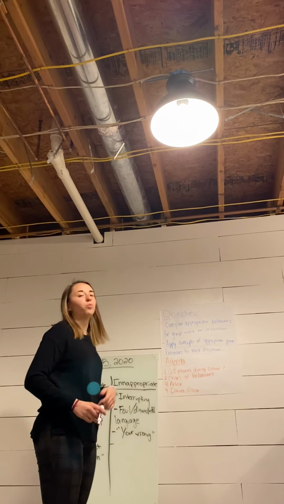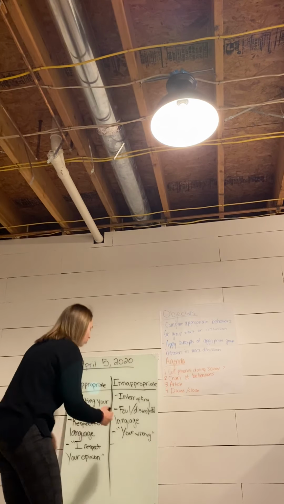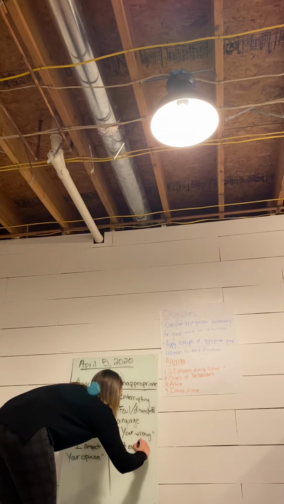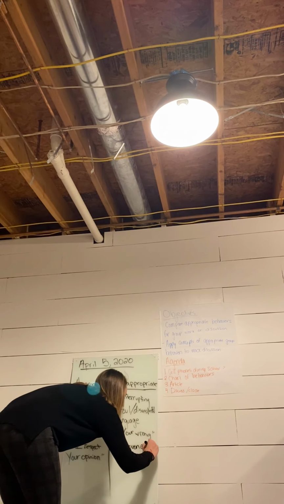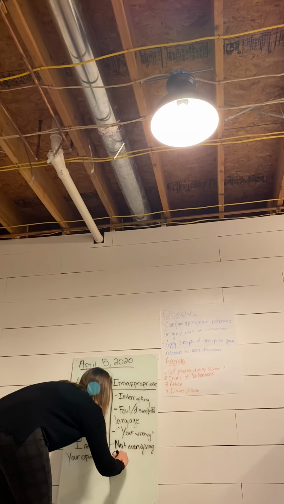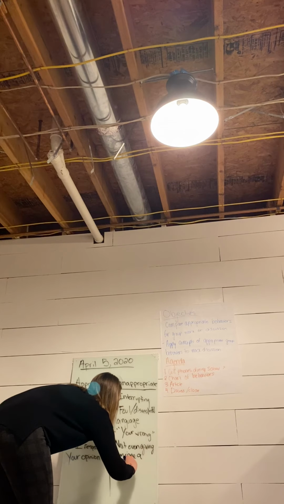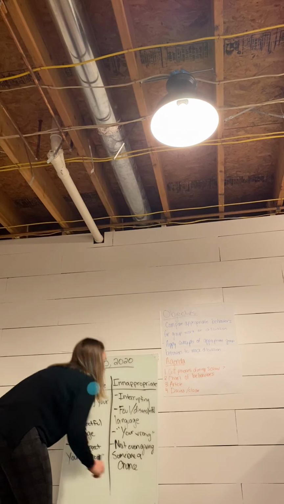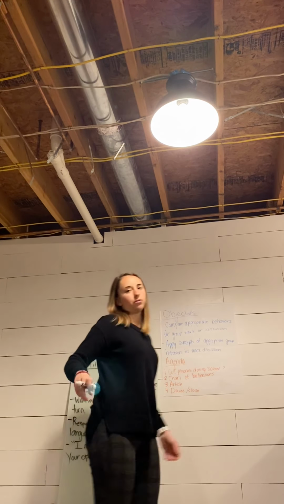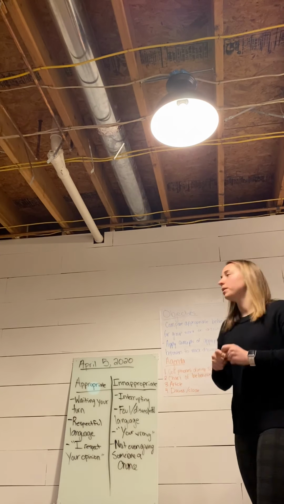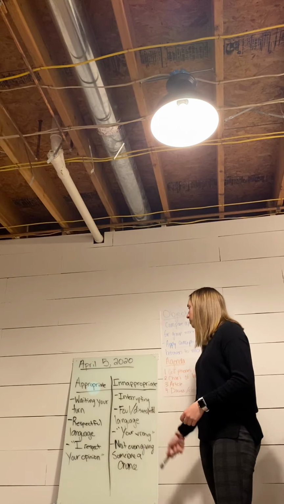And not willing to let other people talk, or not even giving them a chance. These are all behaviors that we want to avoid doing, okay? They're poor behaviors. Nobody wants to have a conversation with somebody that's using these behaviors.